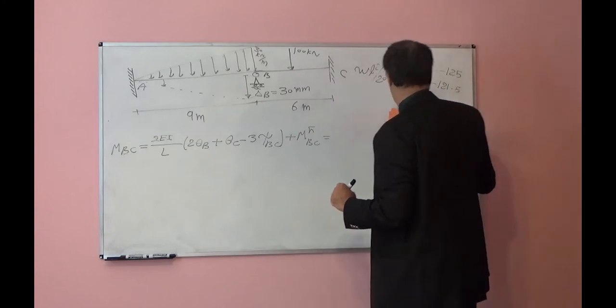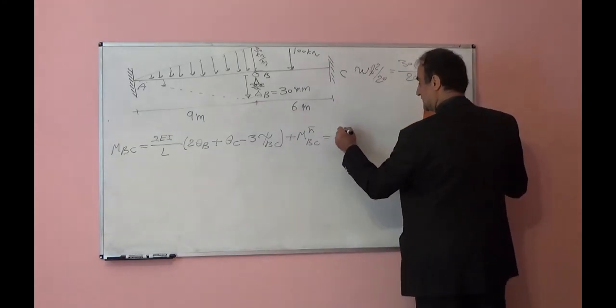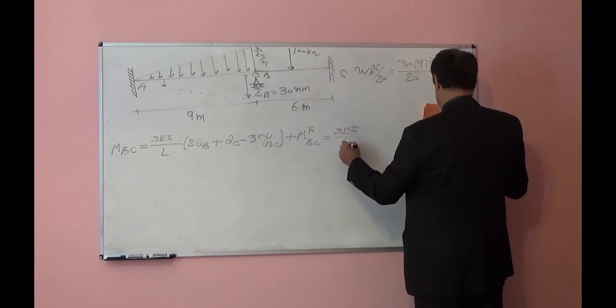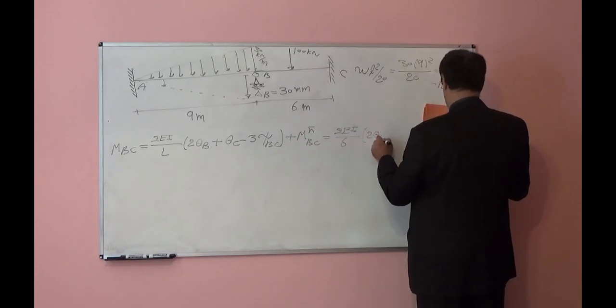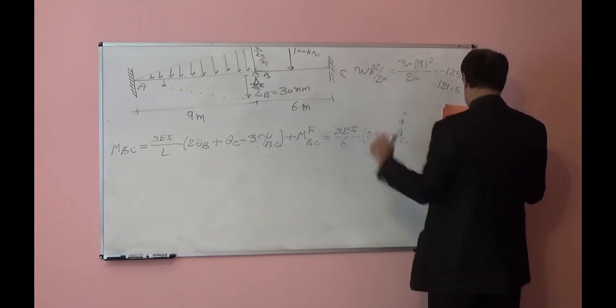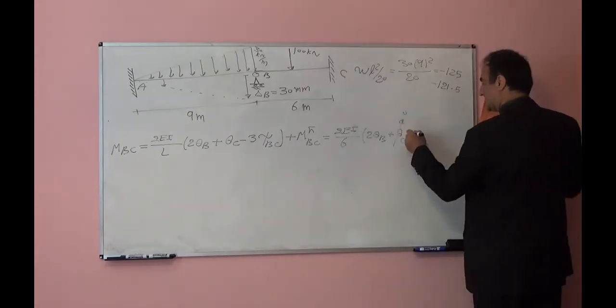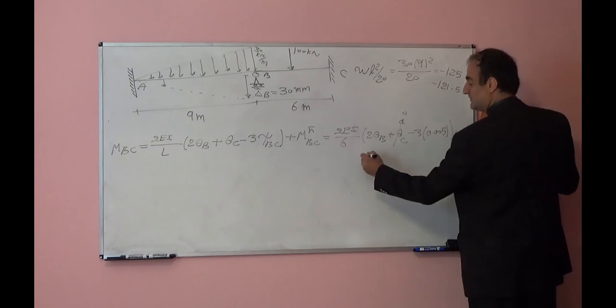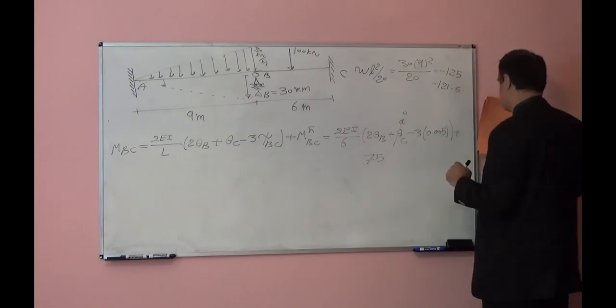I can plug in numbers here, so it will be 2EI over 6 times 2 theta B plus theta C. Theta C is 0 because it is fixed support, minus 3 times 0.005 radian plus M fixed, which is 75.